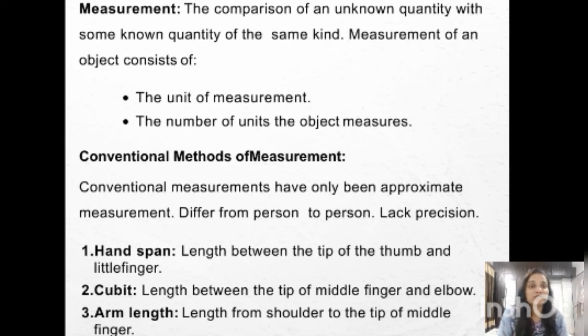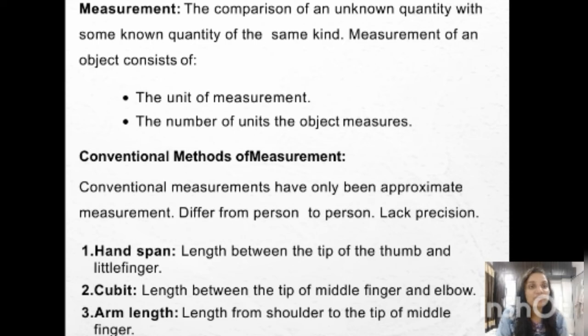So first is the unit of measurement, that is kilogram. Now the number of units the object measures means how much rice you want to buy, that is 2 kg, 3 kg, 3 kg 300, 4 kg 500. This is the particular weight that you want to buy.